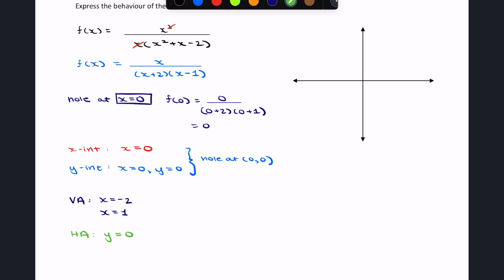So if we put these in, again, we have two vertical asymptotes. x is equal to -2. Another vertical asymptote at x is equal to 1. And we also have a horizontal asymptote at y is equal to 0.